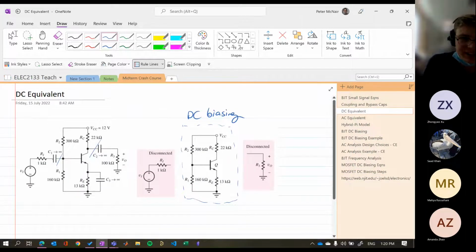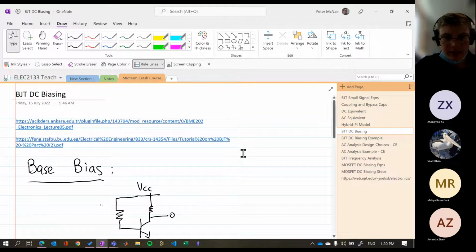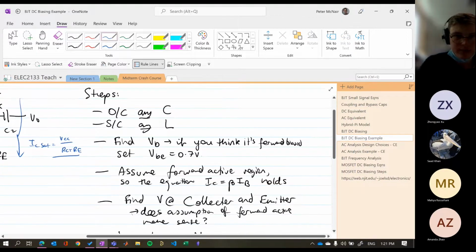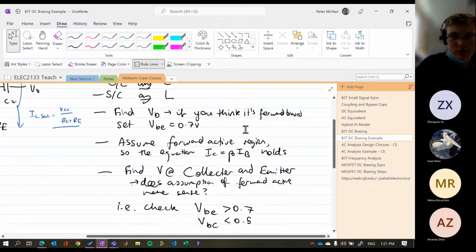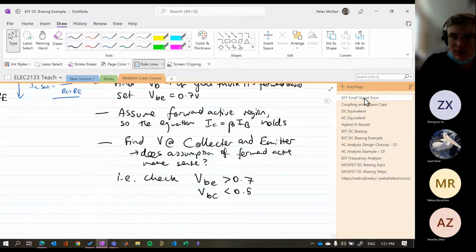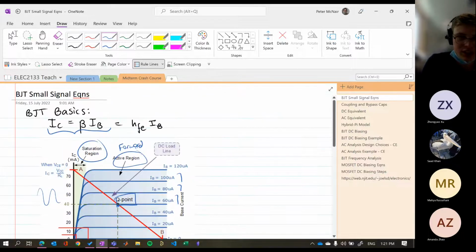Once we've disconnected our capacitors, the next step that we take is to short circuit inductors. We want to have a look at VB, and then if you think it's forward biased, set VBE equal to 0.7. We assume we're in the forward active region, so we assume we're sitting somewhere in this range where we've got this nice relationship between collector current and base current.